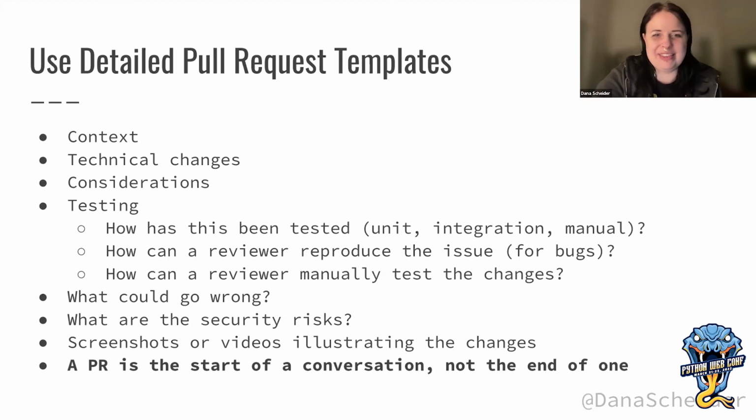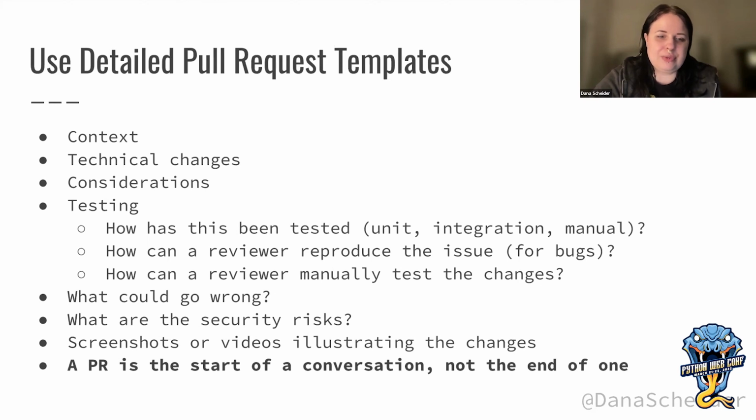You don't want that. But you do want to have a detailed guideline for what information needs to be included, such as the context, what technical changes are being made, considerations, and thought processes, how it's been tested.